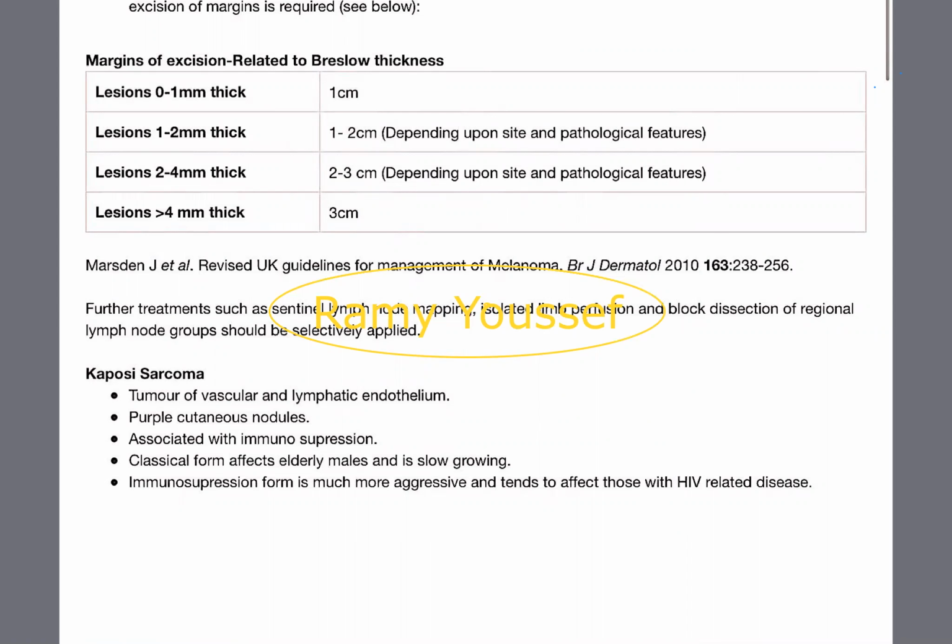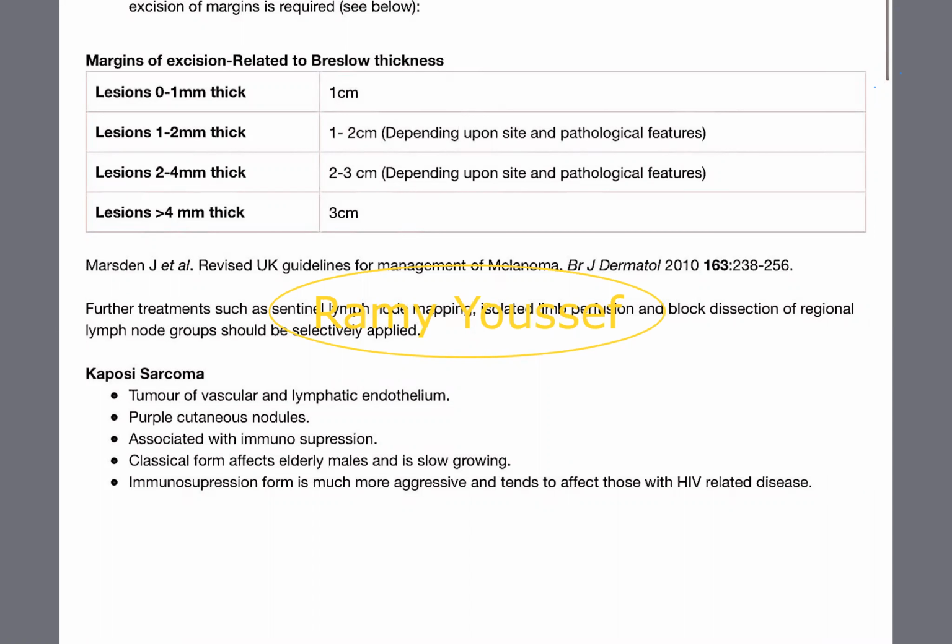If the lesion is from 1 to 2, you will go from 1 to 2, from 2 to 4 to 3, and more than 4 millimeters, the maximum is 3 centimeters. These are the documented and known skin margins for melanoma.